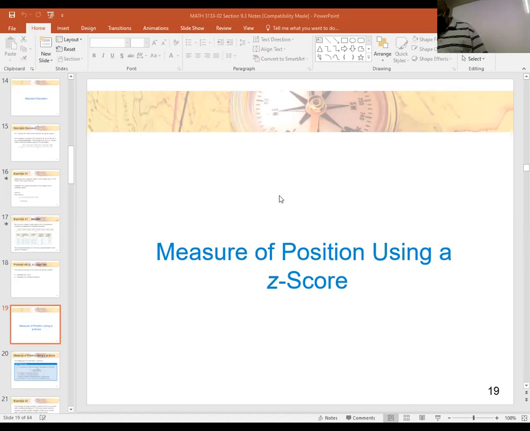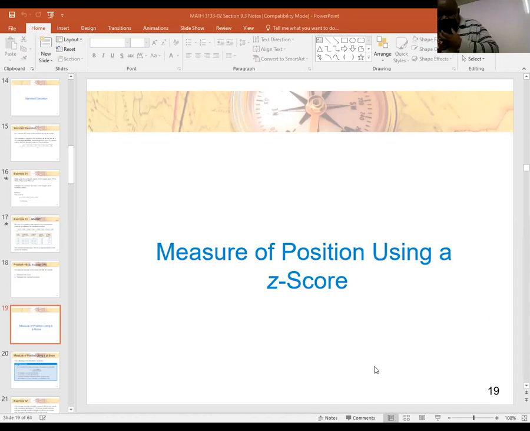Then you square each deviation, take the sum of the squares of the deviations, divide by the number of data values you have, and then take the square root. That would give you the standard deviation of that entire data set.